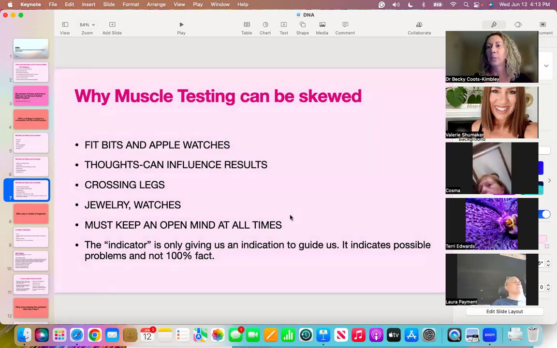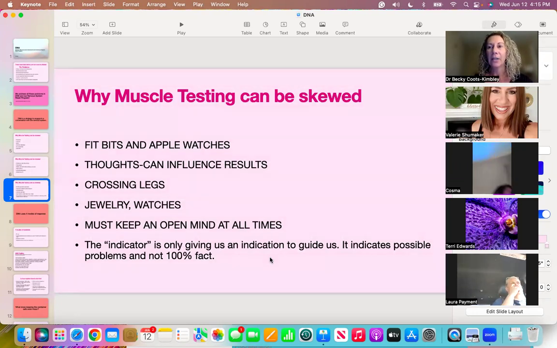When we are doing muscle testing or communicating with your nervous system, we must keep an open mind at all times. So again, that goes back to if you think something's going to be weak or strong, or you're going to find X, Y, and Z, you're going to see that happen. In applied kinesiology, we use something called an indicator. So you can do a direct muscle test, or you can do an indicator test.